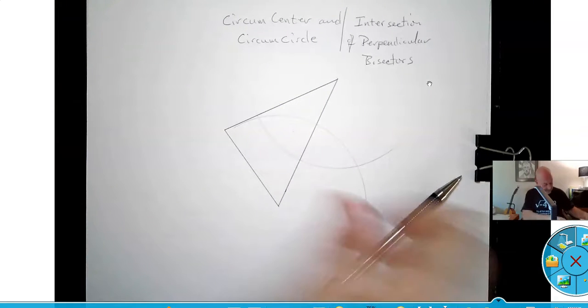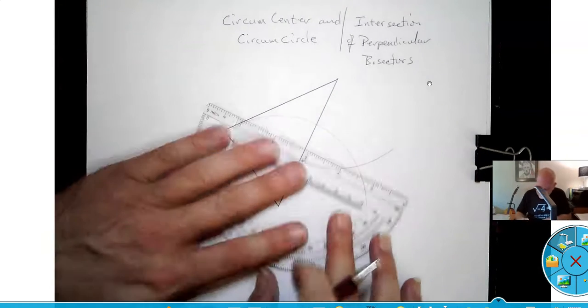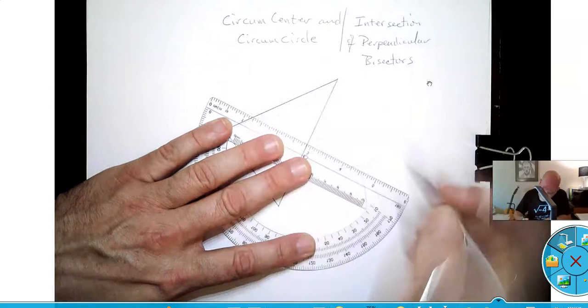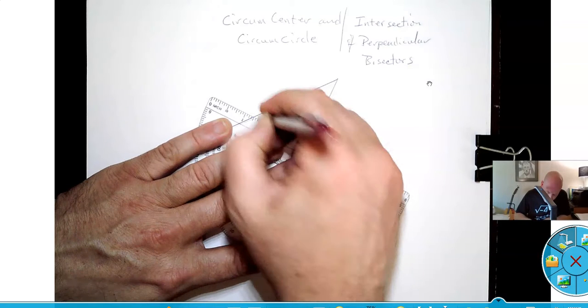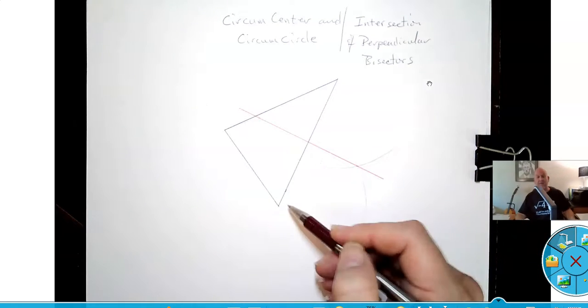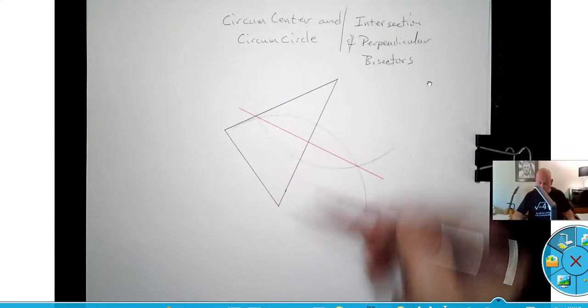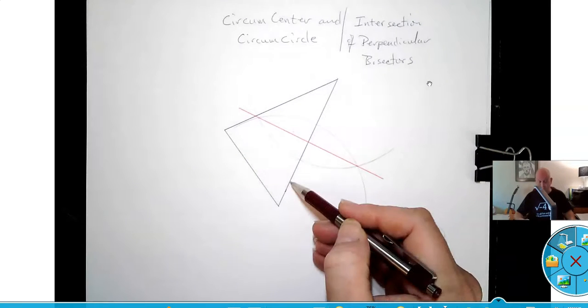When I connect these, I'll do these in red as well, I'm going to connect the two intersections here and here. That cuts the side in half into two equal pieces, and that line is perpendicular to the side. So I have a right angle here, and this side is congruent to this side.